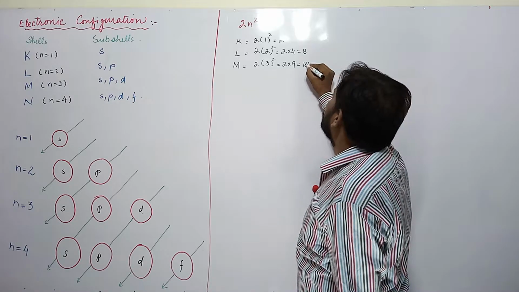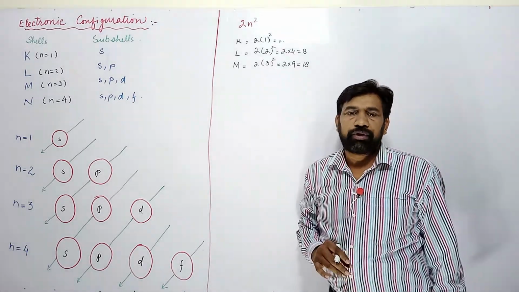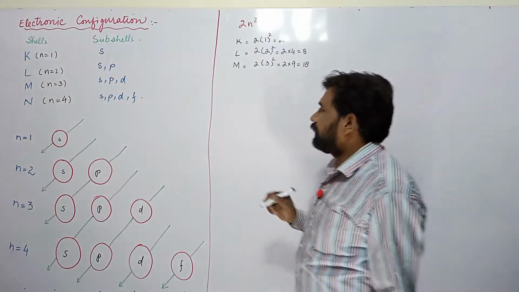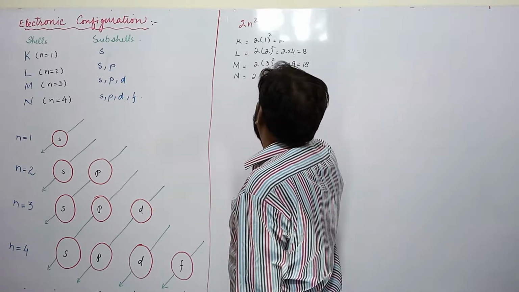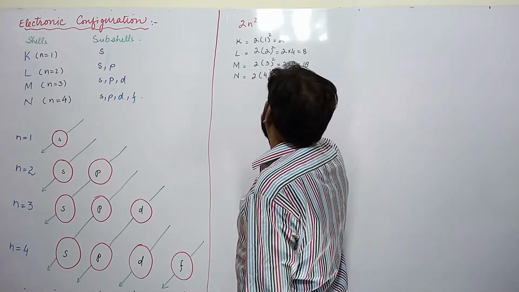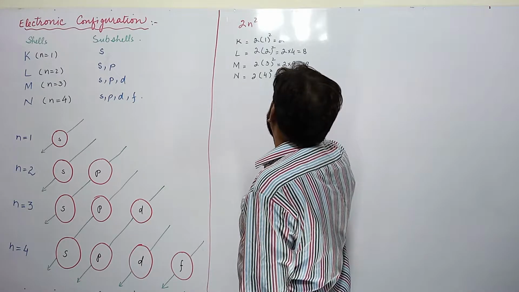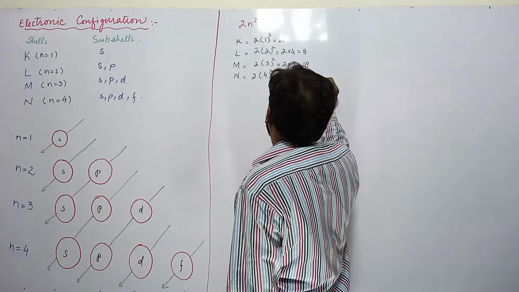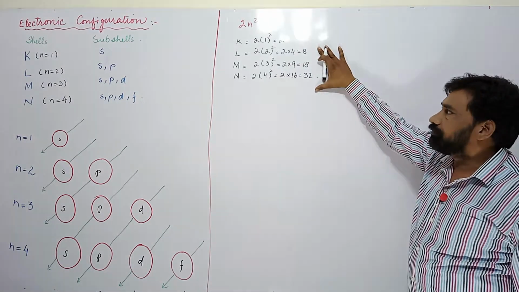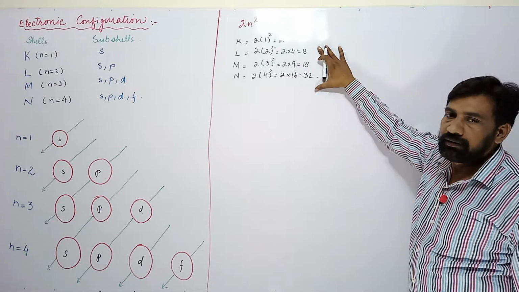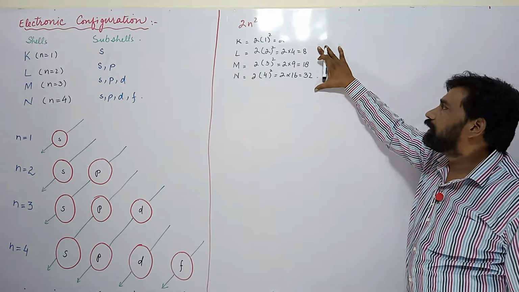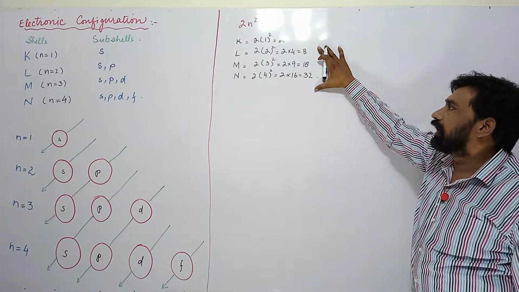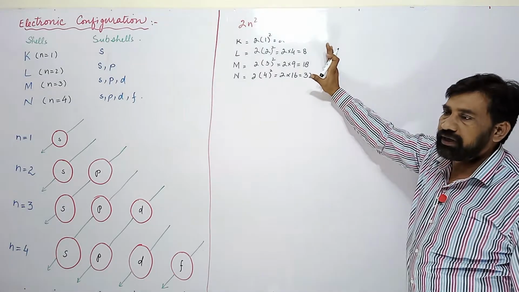It means maximum 18 electrons can be accommodated in M shell. And for N shell, n is equal to 4, 2 into 4 square is equal to 2 into 16 is equal to 32. For the main energy levels, we have found the maximum number of electrons which can be accommodated in K, L, M and N shell.